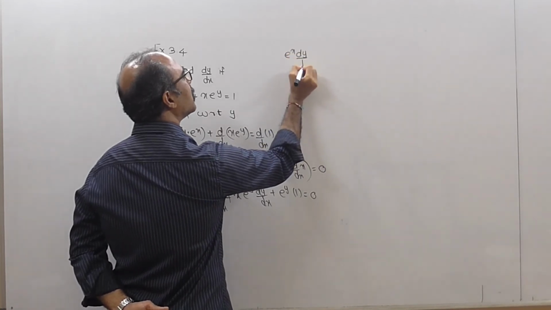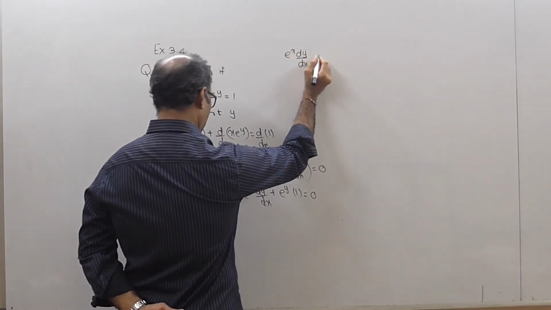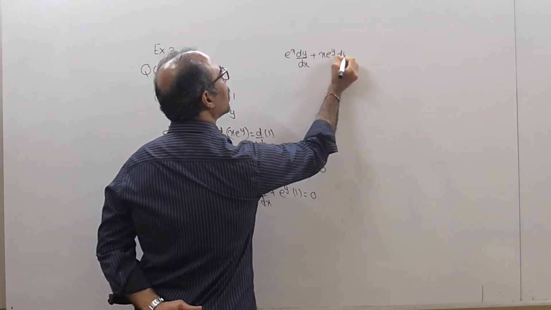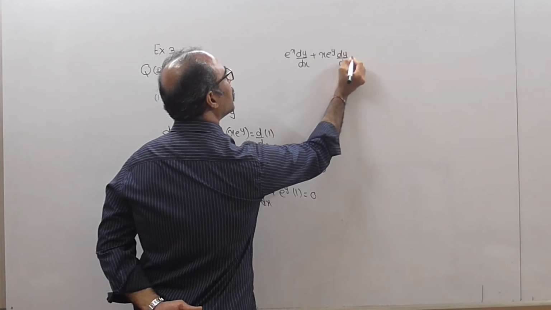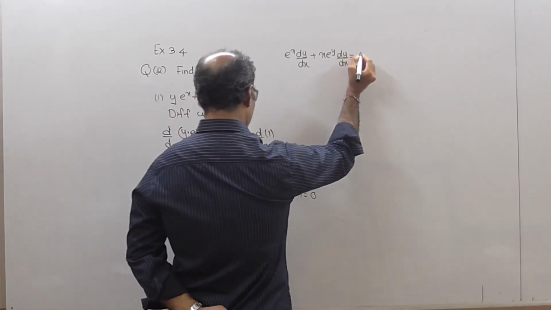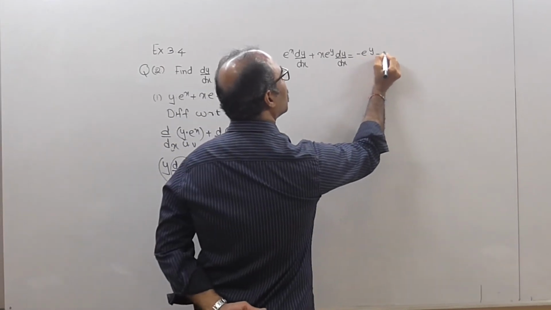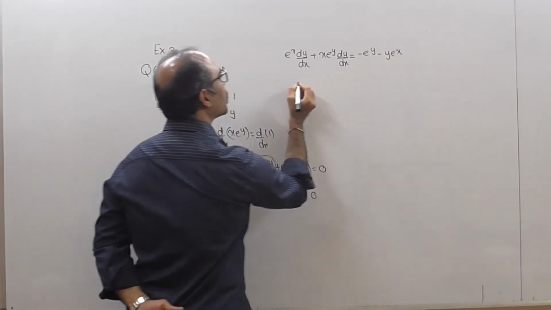That means you get e raised to x dy by dx plus x e raised to y dy by dx, that is equal to minus e raised to y minus y e raised to x.